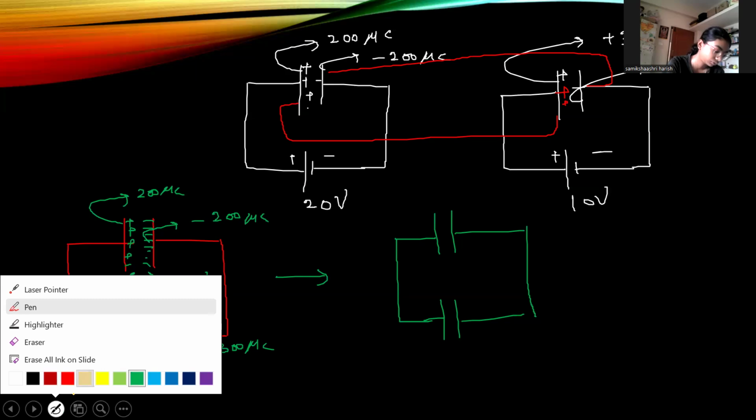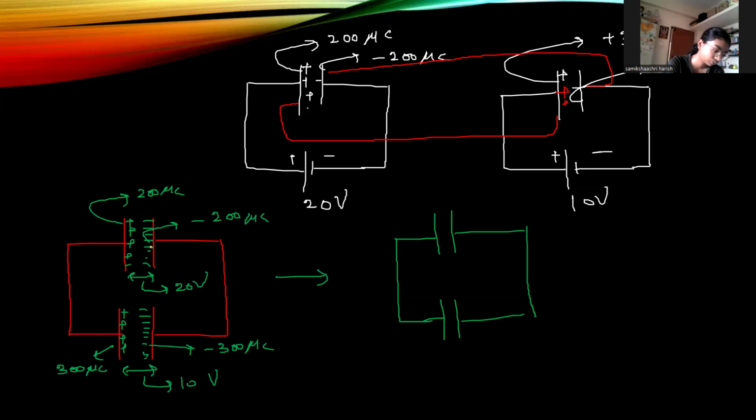Now, my question is, once you connect these two capacitors, what is going to happen? This plate is at 20 volt, this plate is at 10 volt. So charge is going to transfer. This is at high potential, this is at low potential. Let us suppose some charge Q is transferred from this plate and stored in this plate.